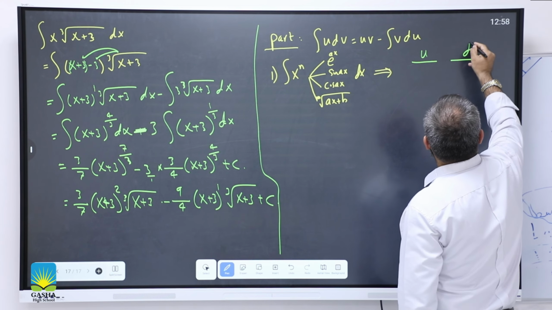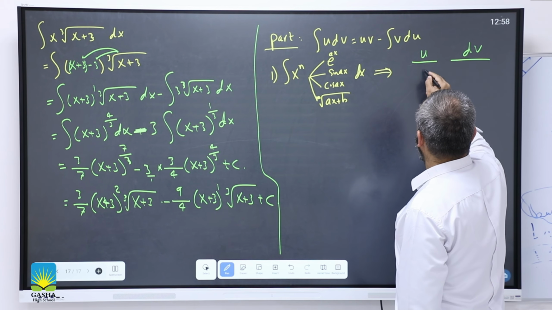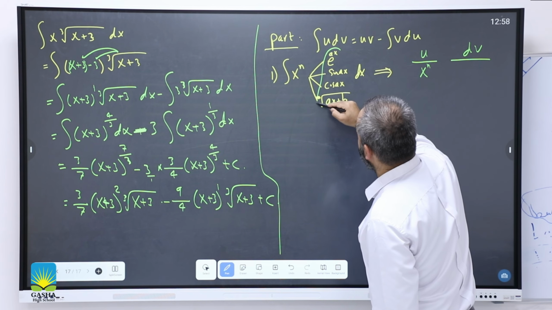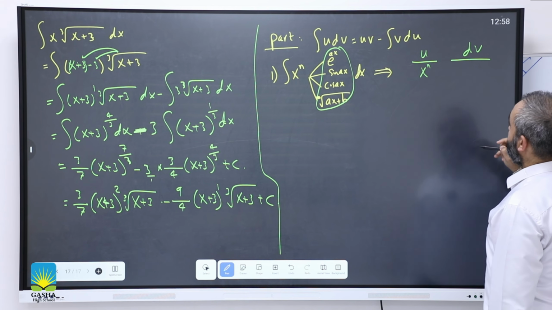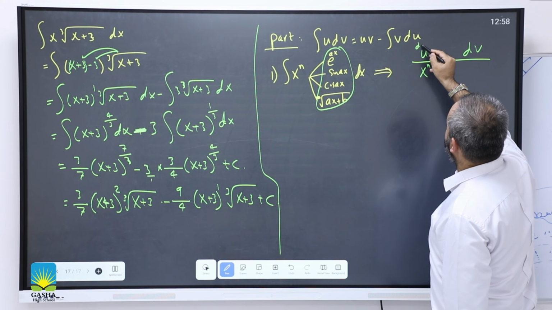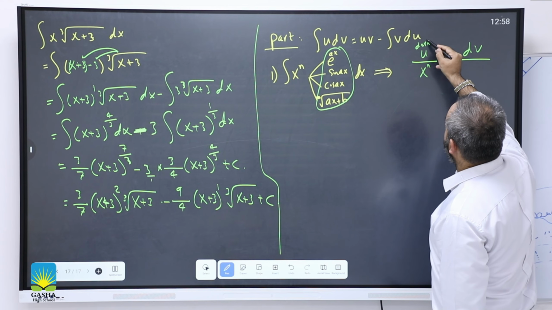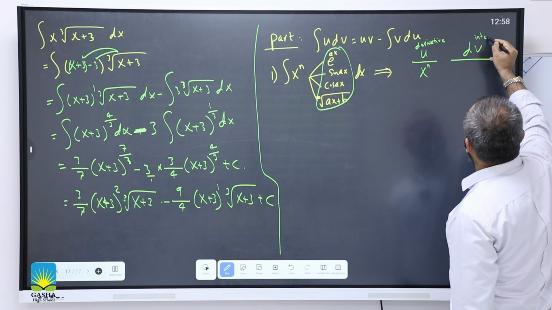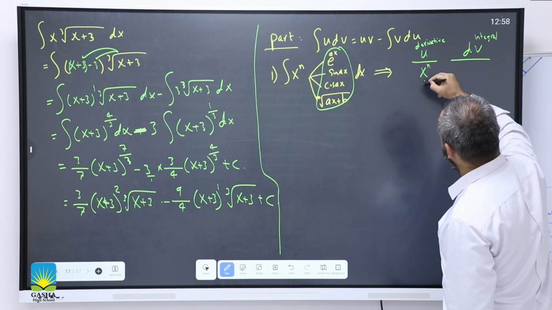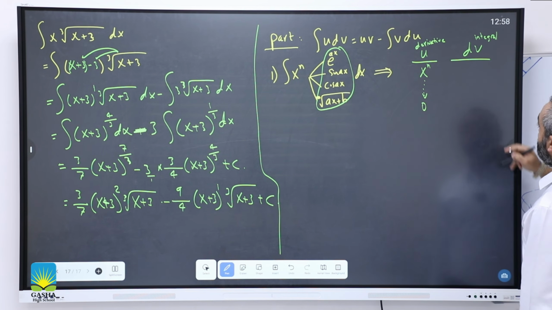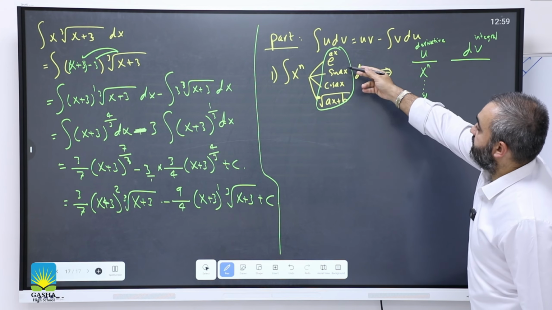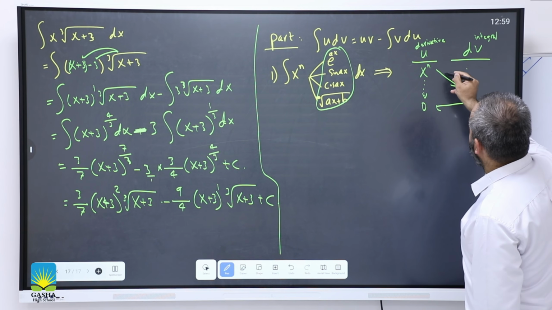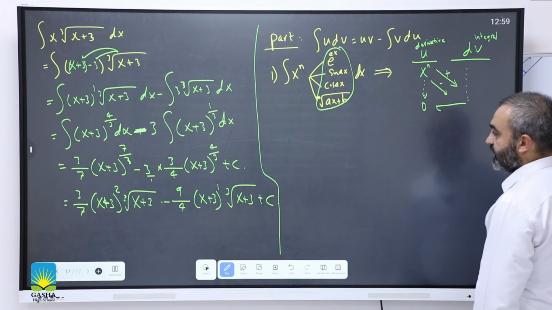This is u and this is dv: u becomes x to the power of n, and dv becomes all of these. For u, we take the derivative, and dv becomes the integral. The derivative goes to 0, and we integrate the terms here until 0. And we have positive and negative signs alternating, and so on.